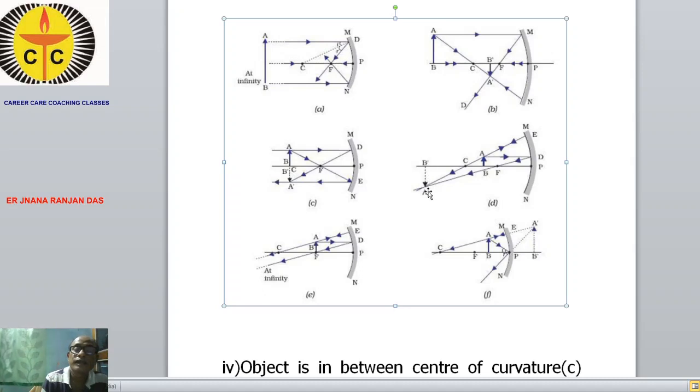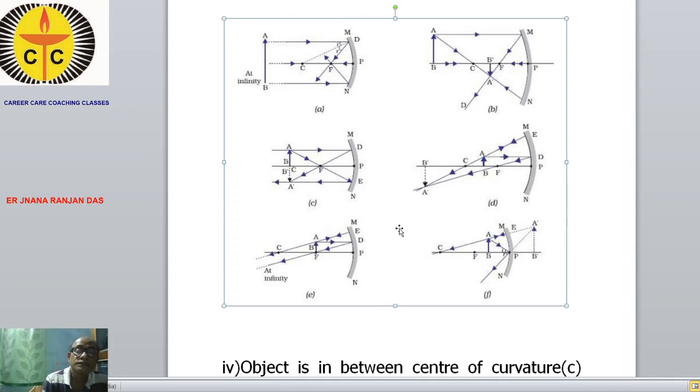So the image is formed on the same side of the mirror, and it is enlarged and inverted, and it is also a real image, as the reflected rays actually intersect each other.